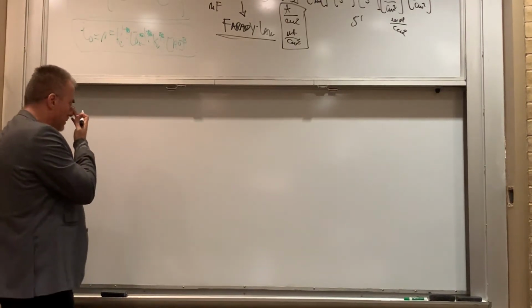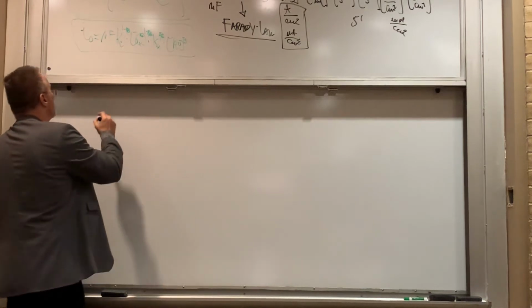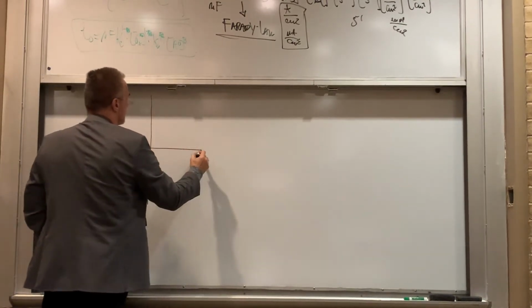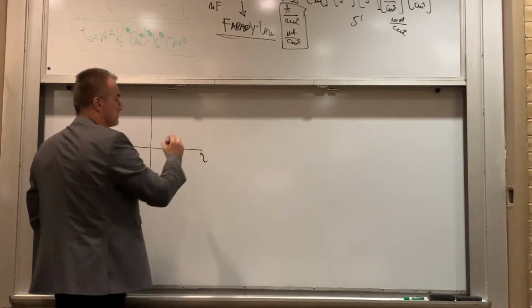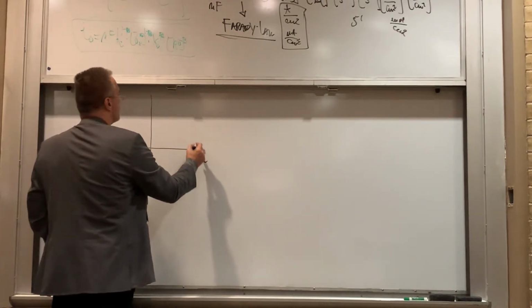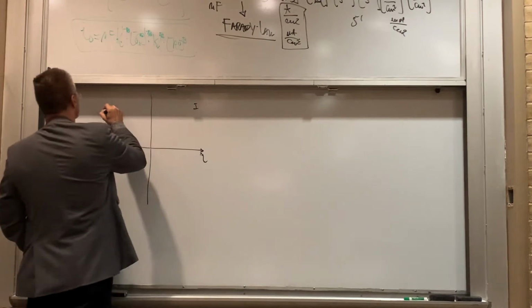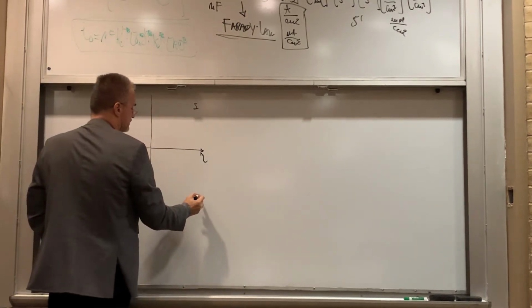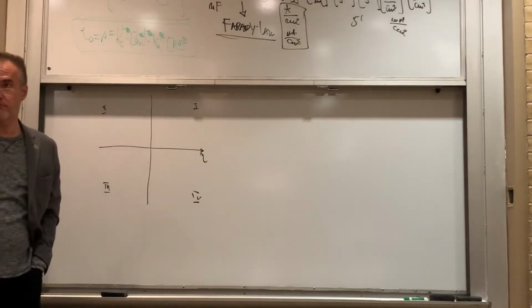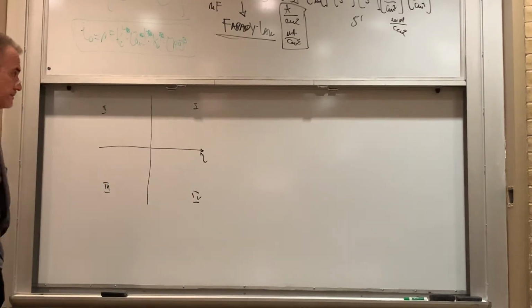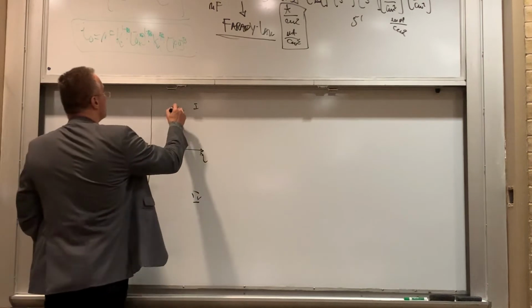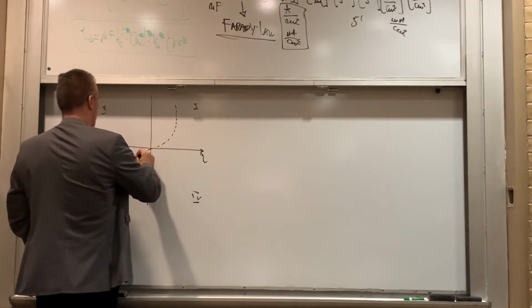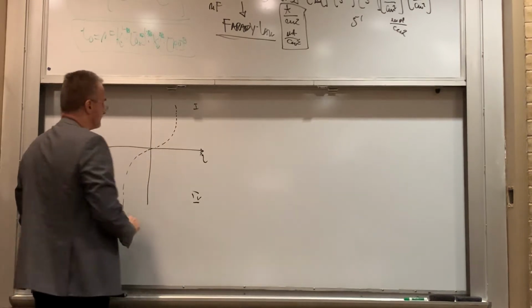But what I want to say is that if you plot, let's say this is a coordinate system, and let's say this is our potential, okay? This is the first quadrant, second, third, and fourth. So if you plot the Butler-Volmer equation, you will get something that looks like this. Okay?